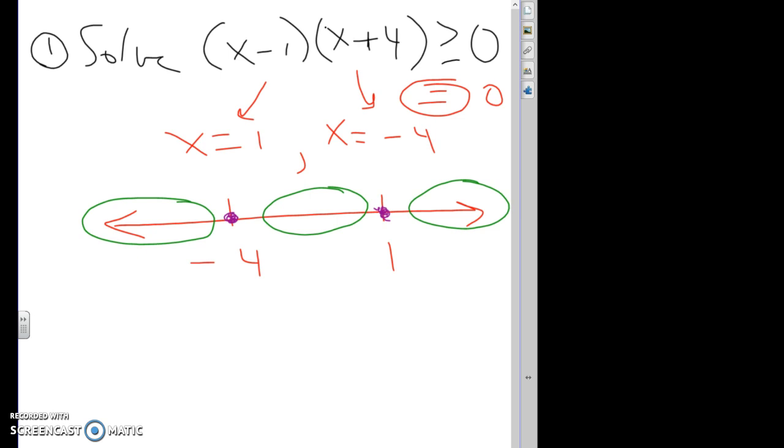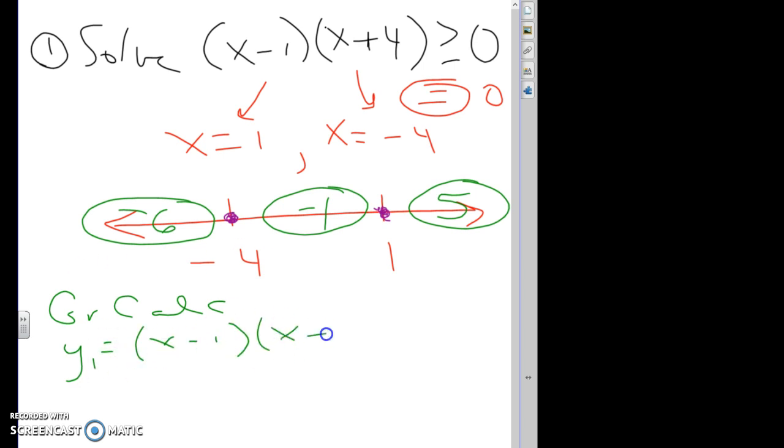Back here, I think we will try negative 6. In between these two, let's try negative 1. And over here, how about 5? Now go to your graphing calculator. Up for the y1, type in x minus 1, x plus 4. Don't put anything about the 0.